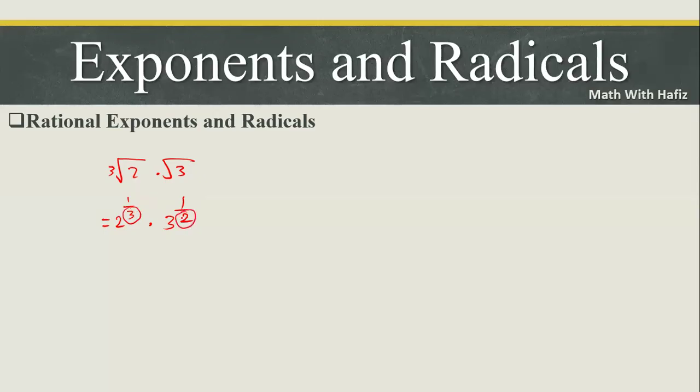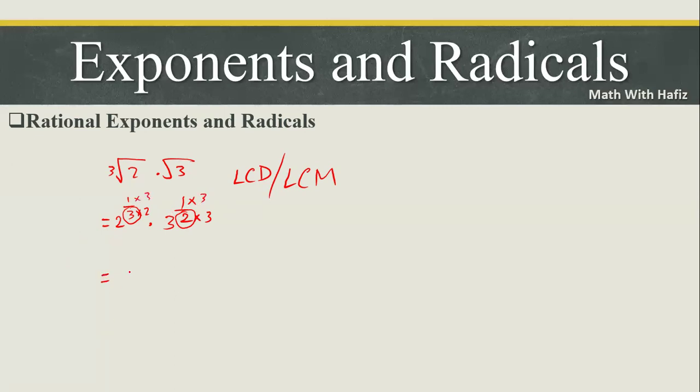We have learned how we can make the same denominator by LCD or LCM, whatever you call it. Both are the same terms. So how can you do it? I know if I multiply this by 2 and multiply this by 3, both will give me the same denominator, right?